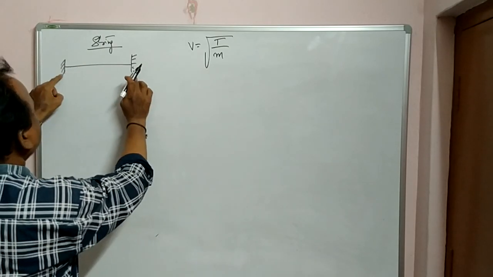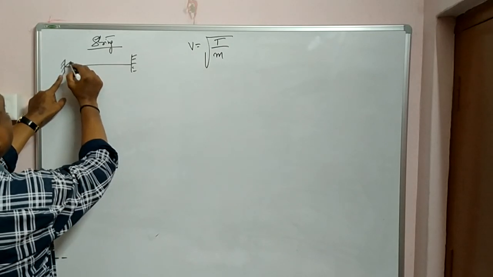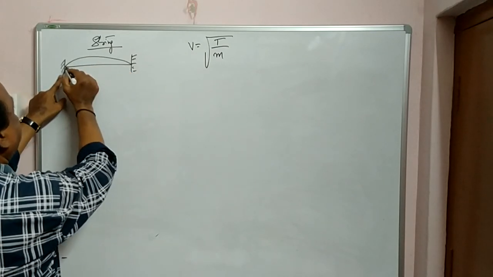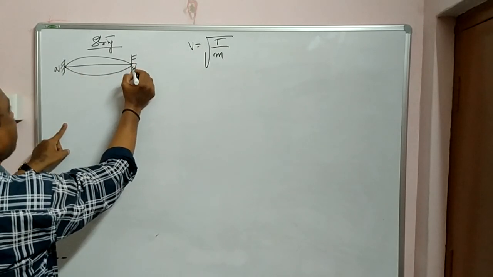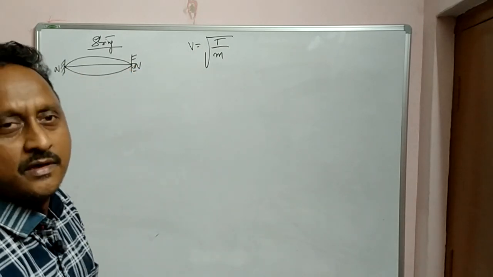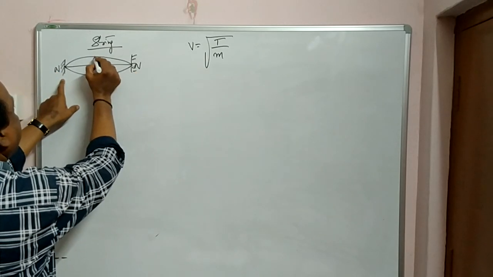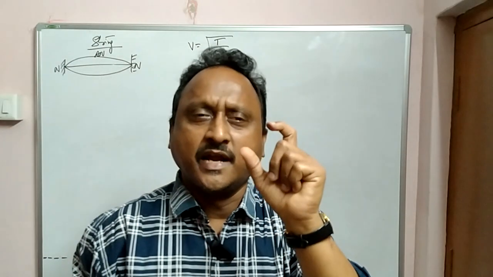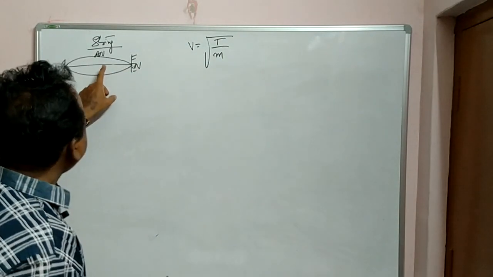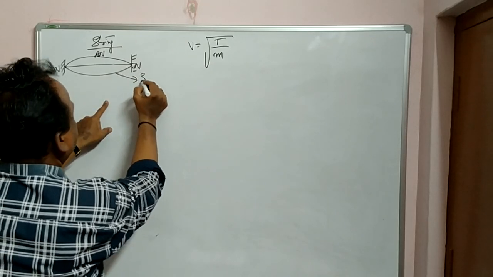For example, two points are fixed here. Now suppose it is formed like this. That means here how many nodes? 2 nodes are formed. So between two fixed points of the string, 2 nodes and 1 antinode are formed. This is also called a segment.